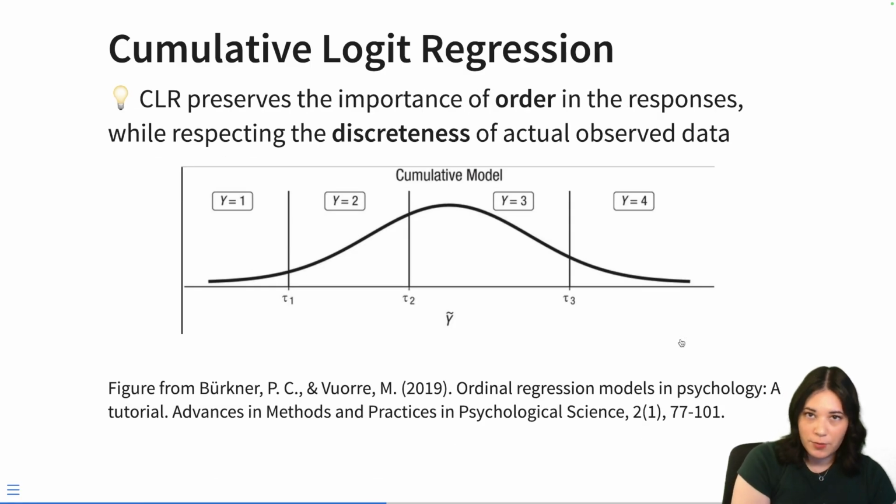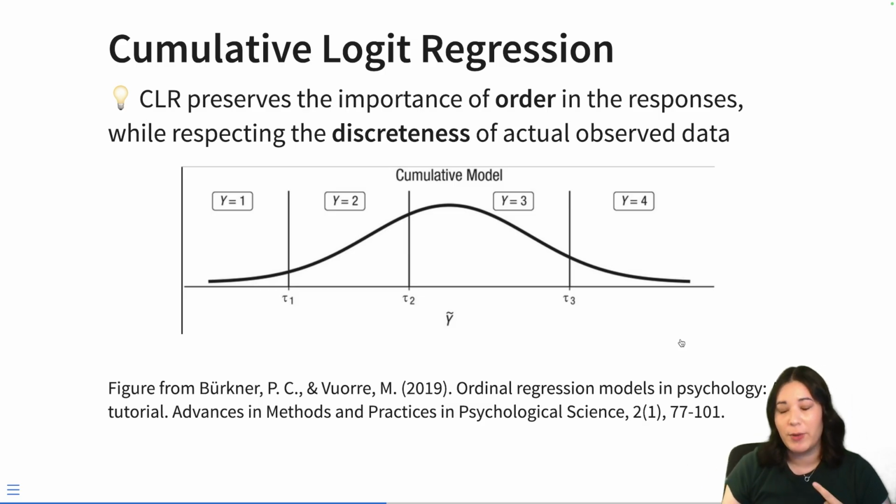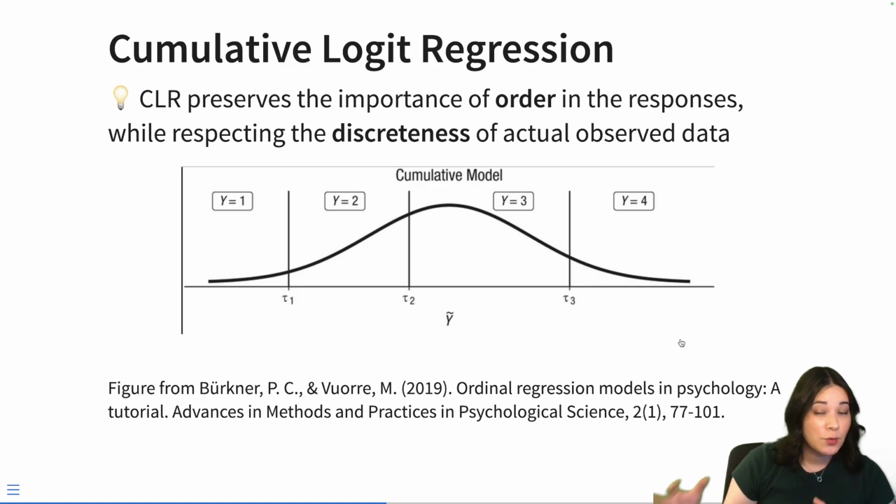So the beautiful thing about cumulative logit regression is that it preserves the importance of the order in the responses, right? We're not throwing that information away and treating these as discrete categories that have no order, but it also respects the discreteness of the actual observed data. If you're responding strongly agree, that's a specific category. It's not a continuous value that you can respond with.